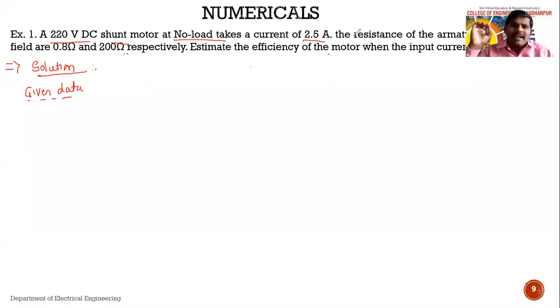So we will discuss a little bit of overview regarding the Swinburne test. In the Swinburne test, we are testing the machine, running it only on no load condition.